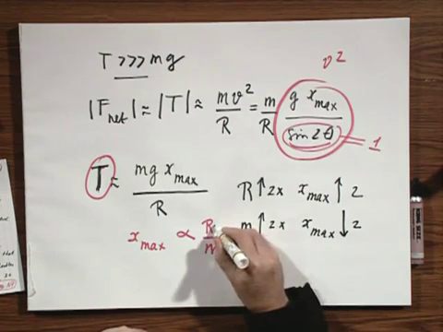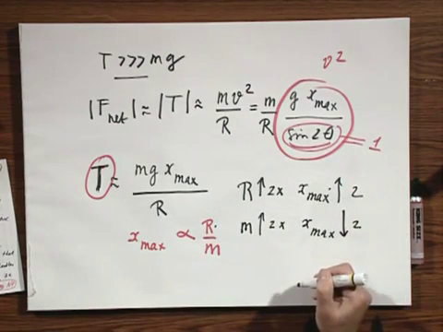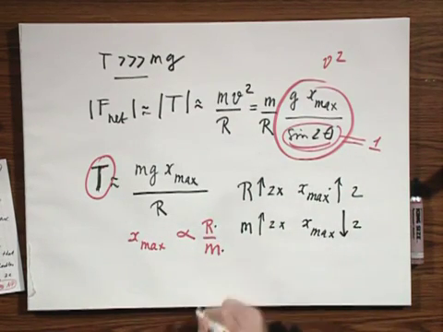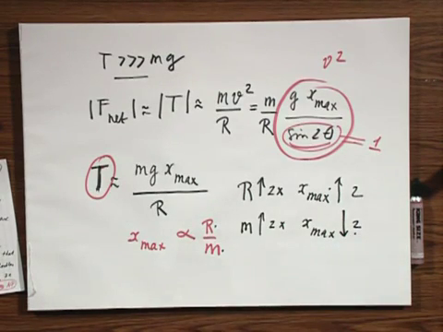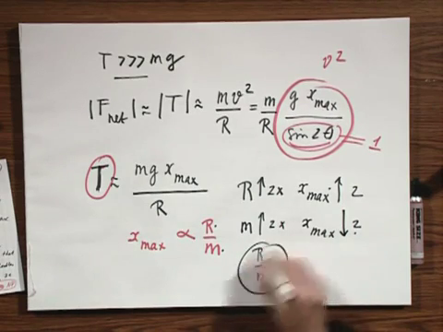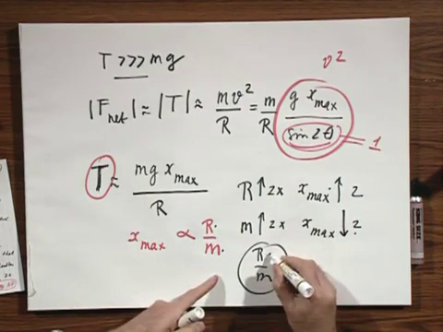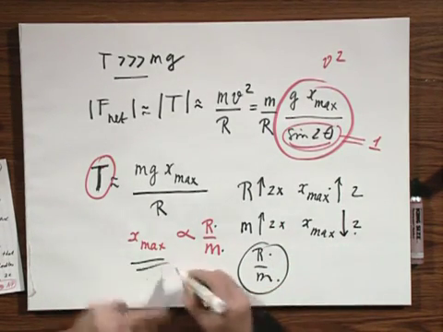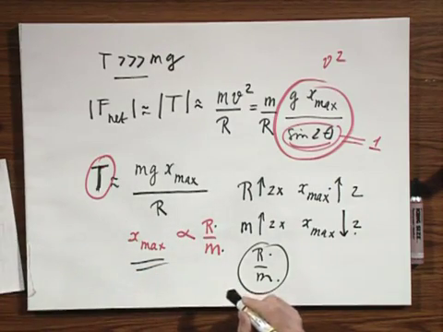So, larger R, larger x max; larger M, smaller x max. And if you keep R over M constant, for instance, you make this one double and you make this one double, that will have no impact on x max.